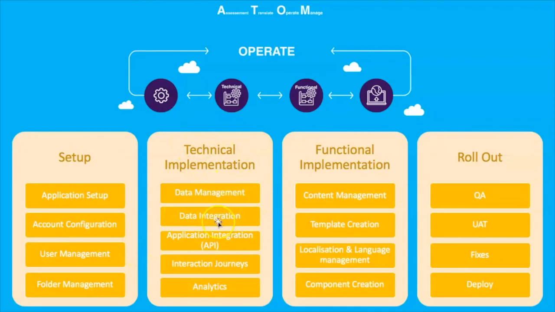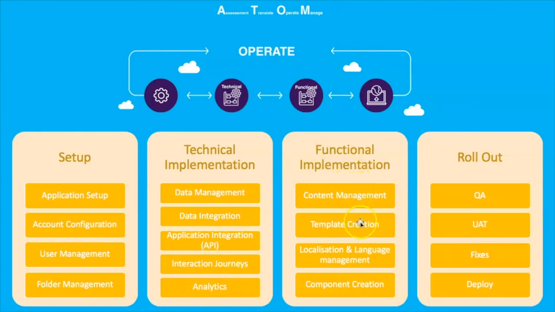And then the technical implementation, where the data management and integration happen, and if there are any other applications, maybe social media applications or analytics applications, which need to be integrated, or a data warehouse where the data needs to be fetched from and pushed back to. These kinds of integrations are managed in this phase, and then journeys and analytics are set up.